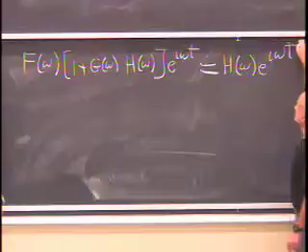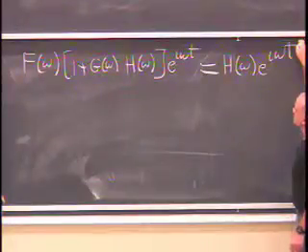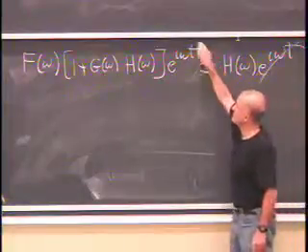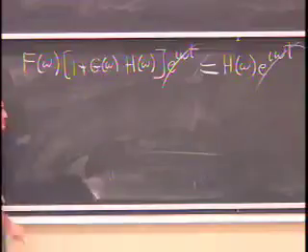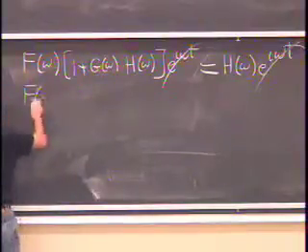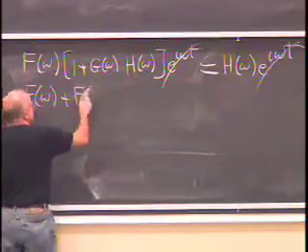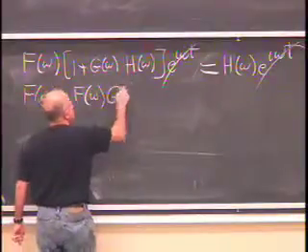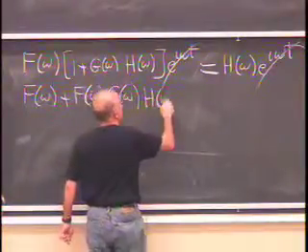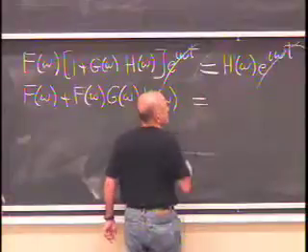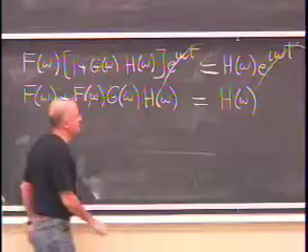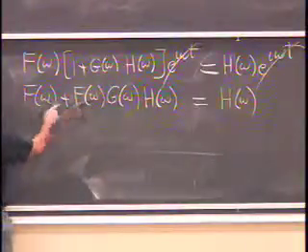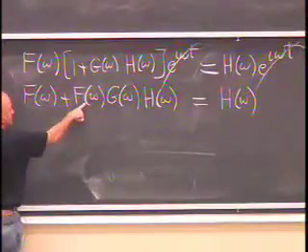All right, so first I just distributed F omega across. Cross out the e to the I omega t. Okay? And then you distribute the F across. So you've got F of omega plus F G H. And that's equal to H of omega. And then I moved the second term on the left side to the right side because that has H of omega. Right.